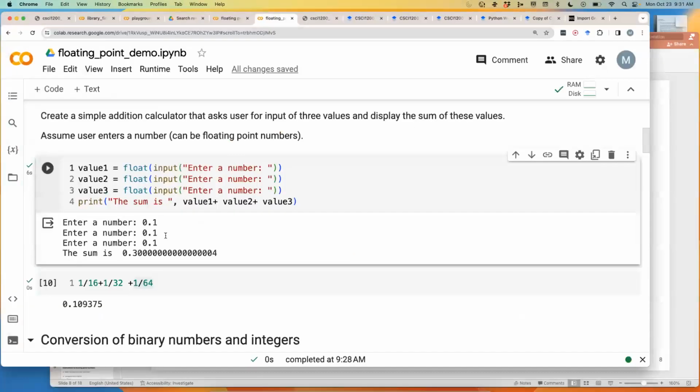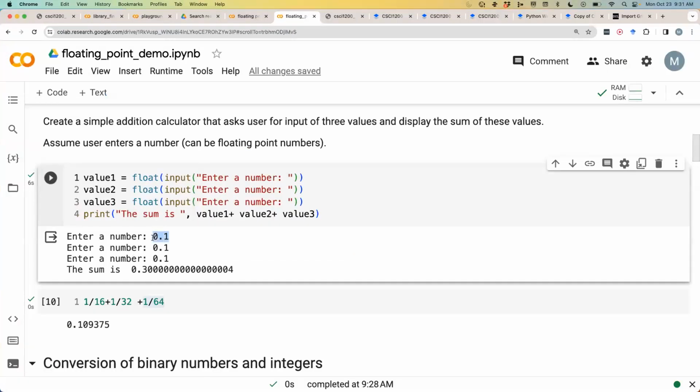It's represented as something that is close to 0.1, 0.99999 something, and when you add it to another 0.999, and add it again to another 0.999, you don't get 0.3 exactly, you get 0.3 with a bunch of zeros and then 4. This explains why our calculator, the one that we built here, is not precise.